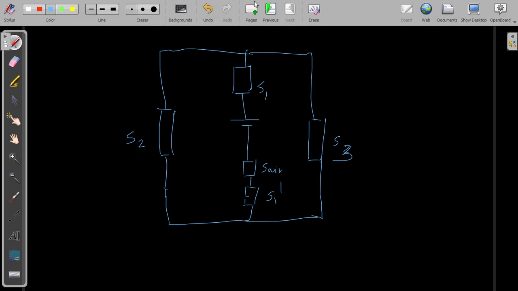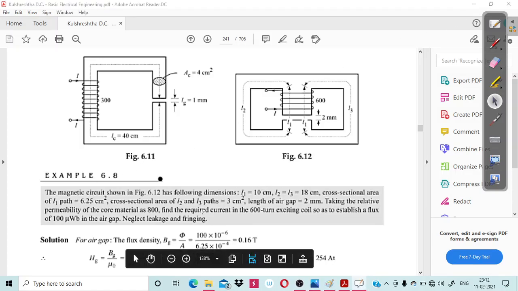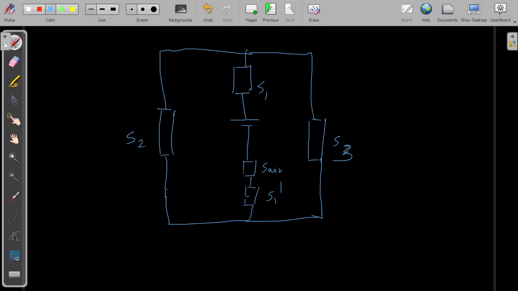Now what is the question? You have to find out the required magnetizing current. I will explain only the steps. You should find out the answer.